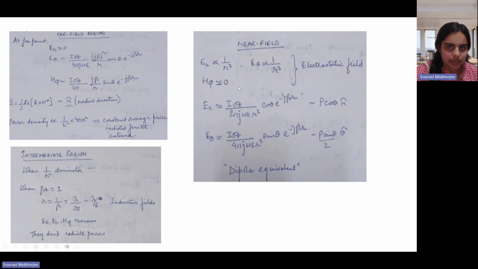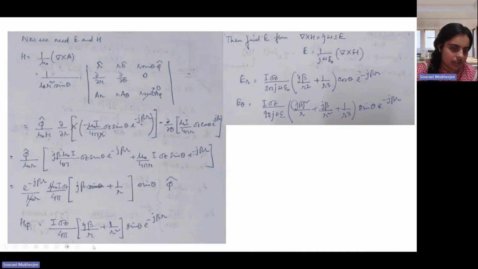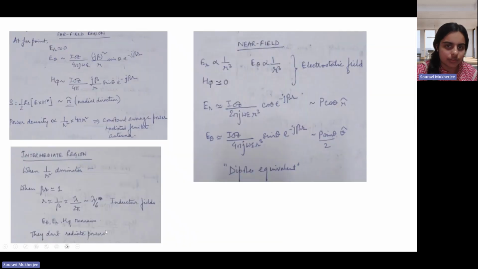Okay. Now what happens when you are very close to your antenna? When you are very close to your antenna, your 1 by r square and 1 by r terms would go away, and what would dominate is the 1 by r cube term, right? So here you can see that your electric field will have a 1 by r cube dependence, while your magnetic field does not have any 1 by r cube dependence, so it goes to 0.